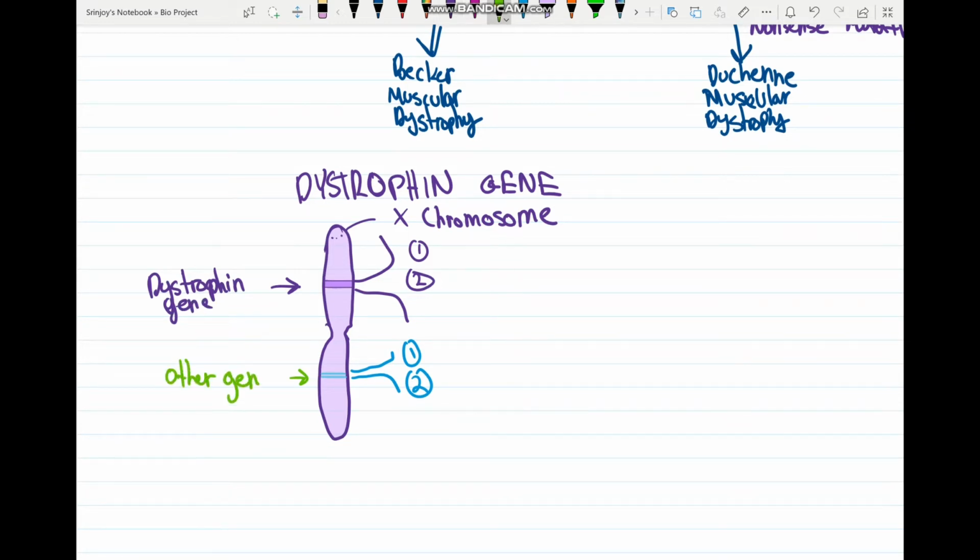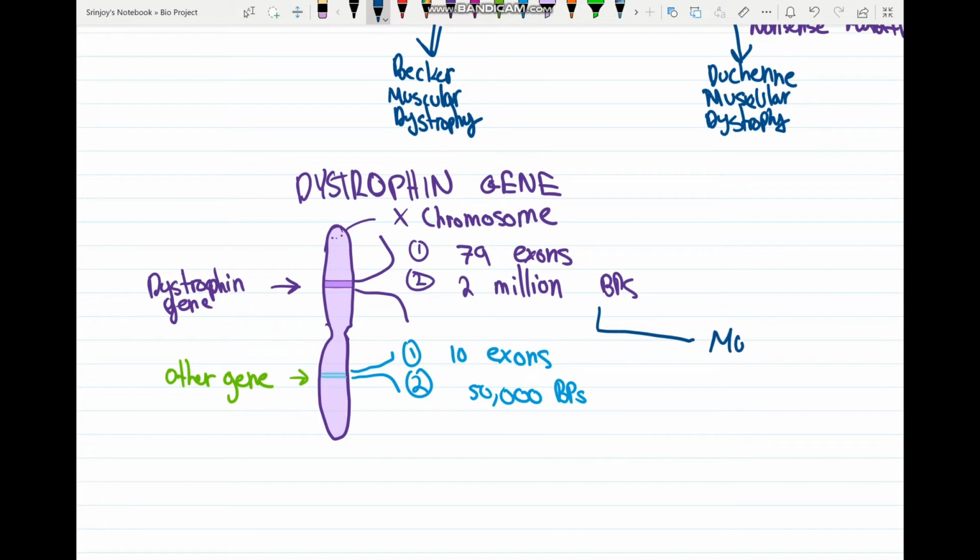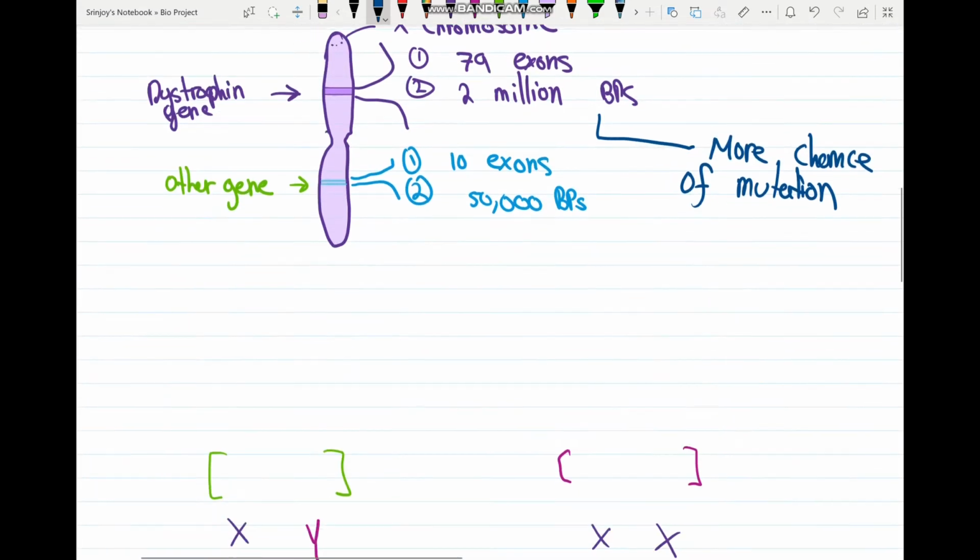The green arrow is to compare it to another regular gene you might find. As I mentioned, it's 79 exons and 2 million base pairs, whereas other genes are usually 10 exons and 50 kilobase pairs in length. Therefore, statistically, the dystrophin gene has a higher probability of mutation.